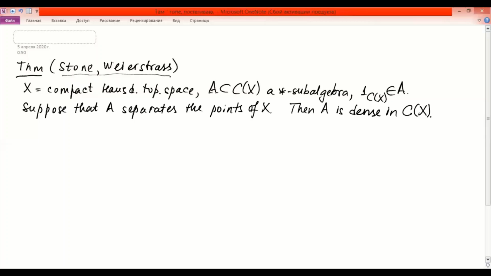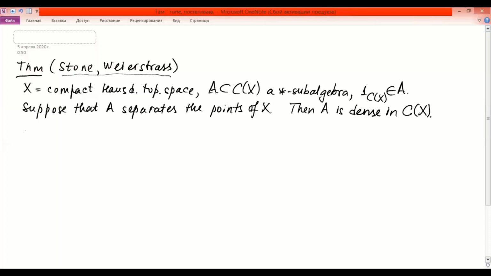I'd like to stress that it's essential here that A is a star subalgebra. So if we work over the real numbers, then A can be just a subalgebra in C of X which separates the points. But since we work over the complex numbers, we must add the assumption that A is a star subalgebra in C of X. That is, for each function in A, the complex conjugate of this function is also in A. So this is a very essential assumption.